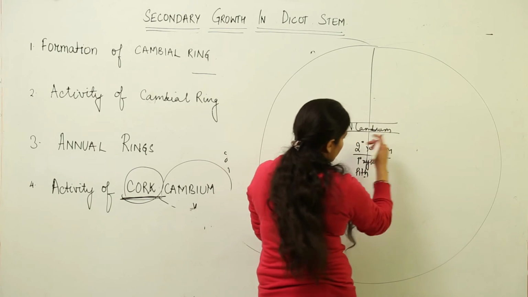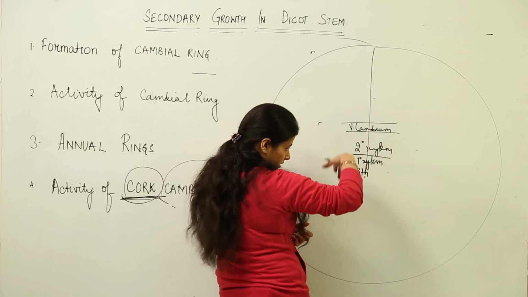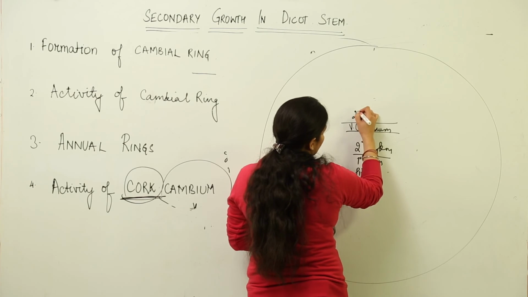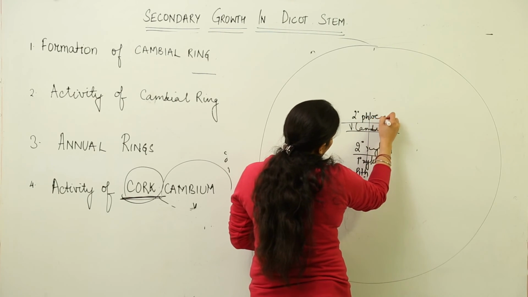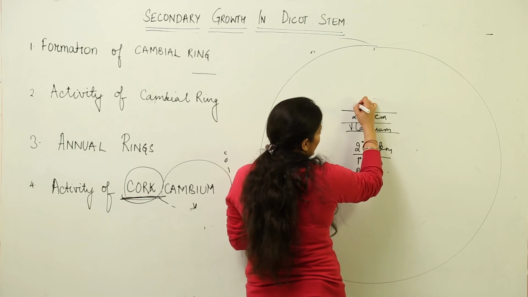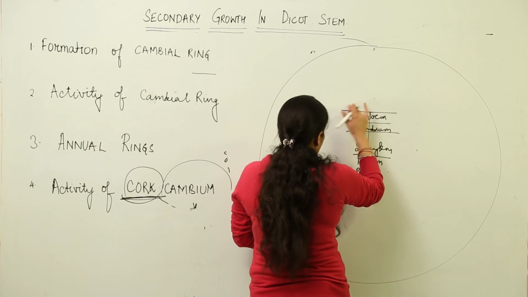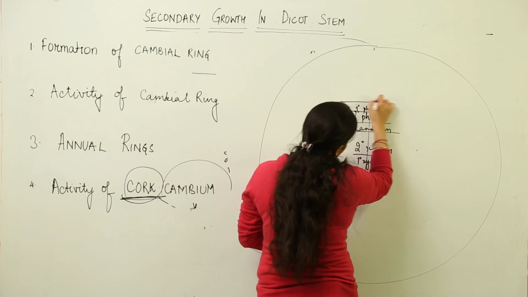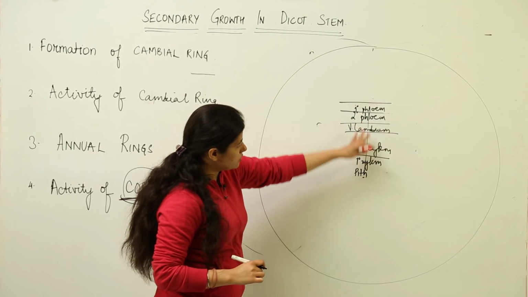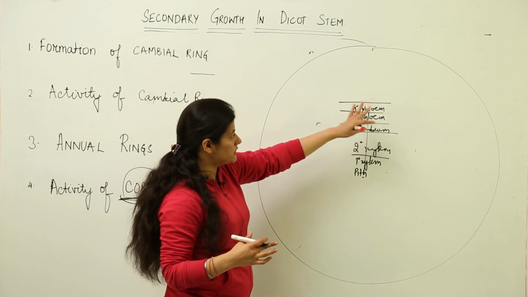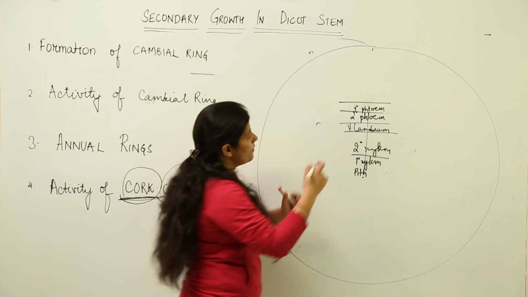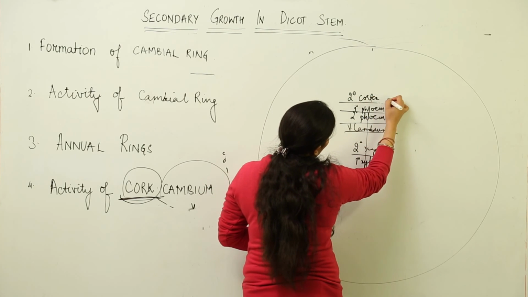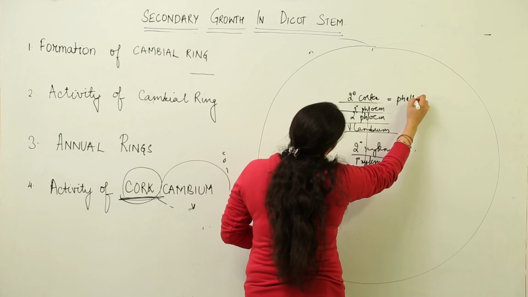This vascular cambium gave rise to secondary xylem towards inside, and outside it gave rise to the secondary phloem, which is less than the secondary xylem. It has highly crushed the primary phloem, which was previously formed. Now, outer to the primary phloem, because secondary phloem and all this is crushing, the pericycle and endodermis have also been crushed. Outer to the primary phloem is the secondary cortex, otherwise known as phelloderm.